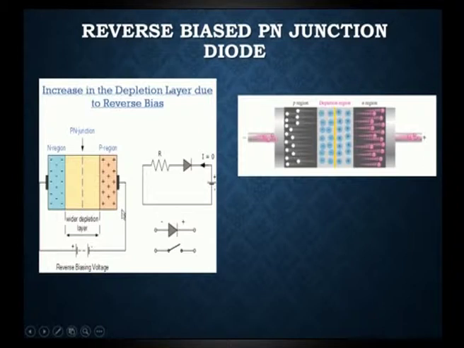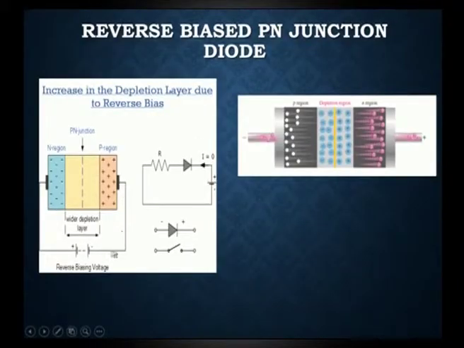Biasing, as we already know, is connecting an external voltage to the electronic device. In reverse biasing, the P region is connected to the negative of the reverse biasing voltage and the N region of the PN junction diode is connected to the positive of the reverse biasing voltage.